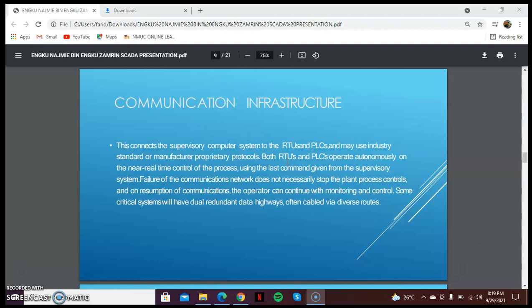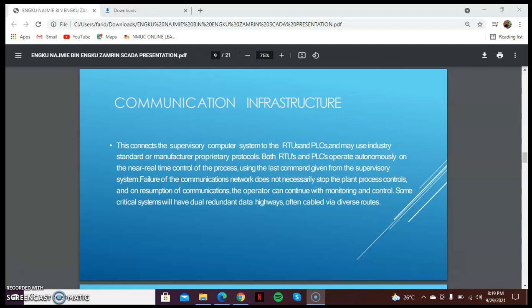Both RTU and PLC operate autonomously in near real-time, controlling the process using the last command given by the supervisory system. Failure of the communication network does not necessarily stop the plant process control, and resolution of communication can continue with monitoring control.